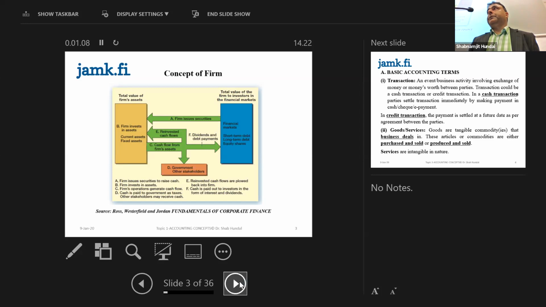I don't know if you remember, but once upon a time I made a picture that a company consists of three pillars. The first pillar of the company is called financing.